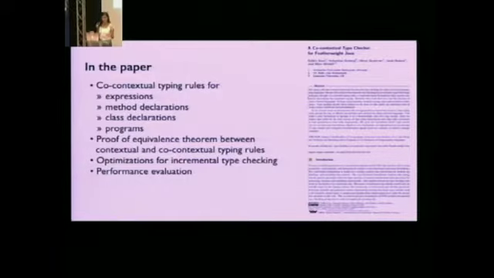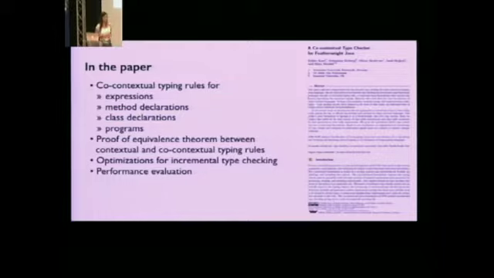If an expression or method is type-checked in Featherweight Java, it is also type-checked in Co-contextual Featherweight Java, and the result will be the same. So we prove equivalence between the two systems. We also give a detailed explanation of the optimizations that we did, and you can see the whole performance evaluation.